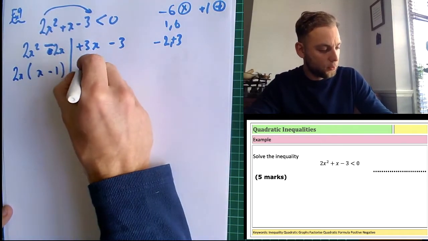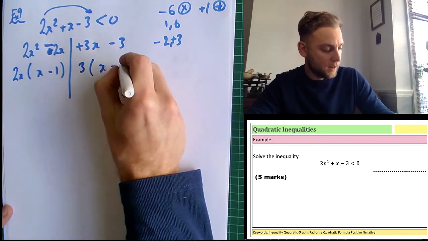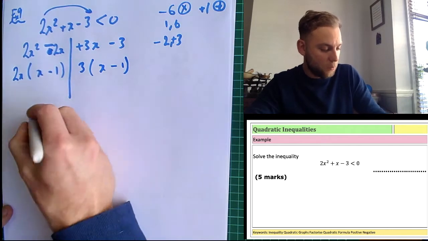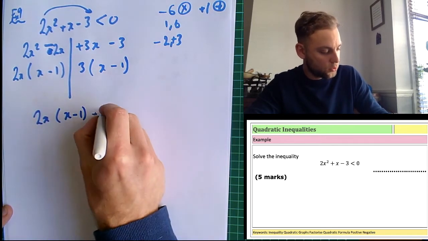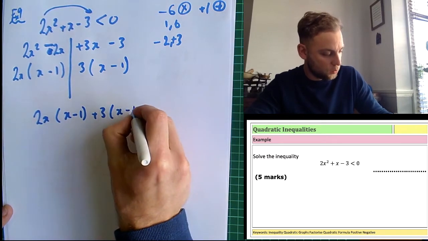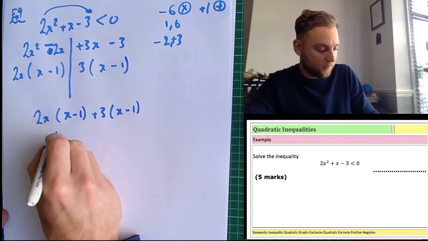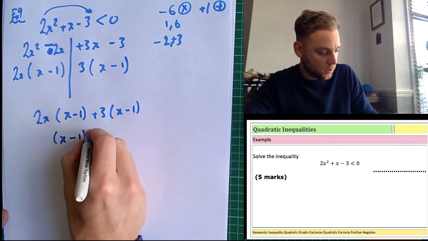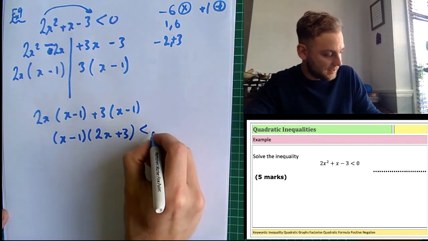Here I'm taking out 3 from each of these, which leaves you with the same bracket, x minus 1. Then when we write this out, x bracket x minus 1 plus 3 bracket x minus 1. I'm taking out this bracket as the common factor. So in front of the bracket it's going to be x minus 1. And then you're left with 2x plus 3 is less than 0.